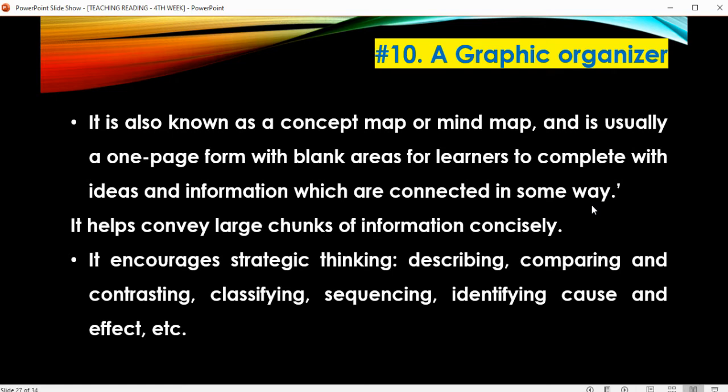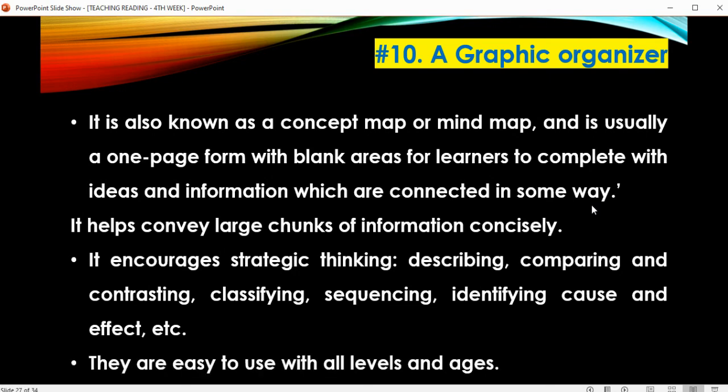Notice all the strategies that they are going to develop. They're going to describe something, compare and contrast something, classify something, give a sequence, or identify cause and effect, probable results, and so on. These kinds of organizers help our students to develop a lot of thinking strategies.